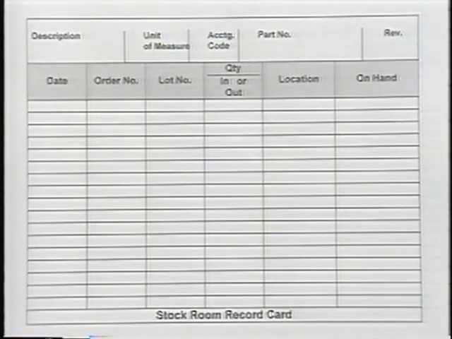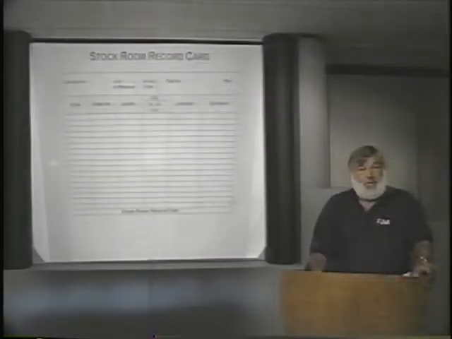But looking at the basic data elements on the heading, moving from left to right, we have the description of the item. We have the unit of measure of the item. The next element, the accounting code, is the inventory class code. And then we have the part number and also the revision number.